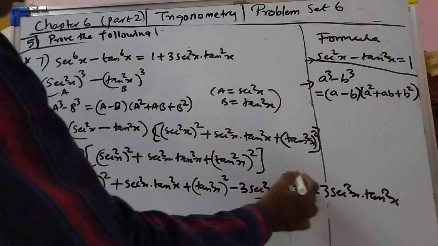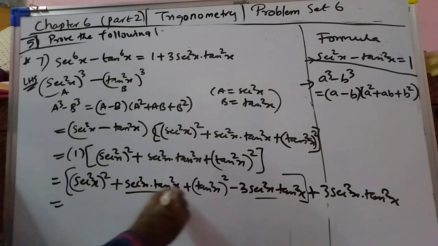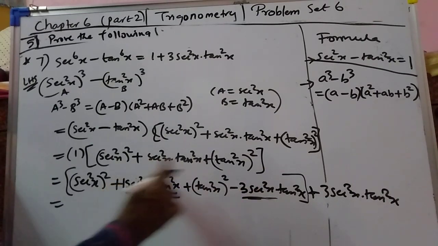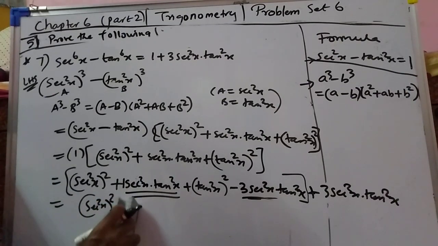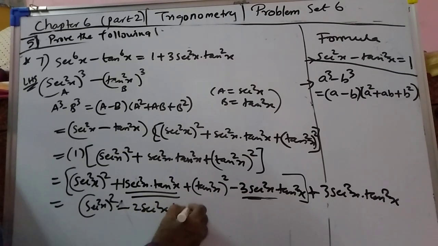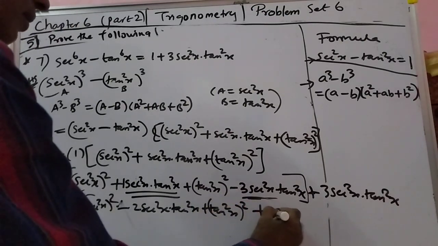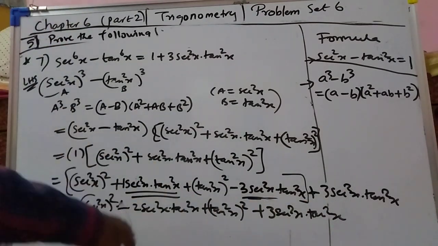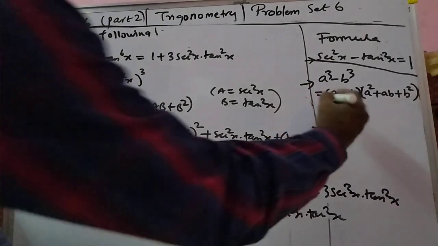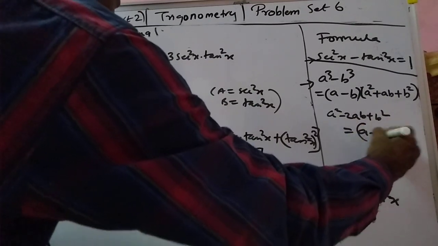So the adding, this plus, we have to balance it. Now we will group this part. So that will become sec square x the whole square, 1 minus 3 minus 2, sec square x tan square x plus tan square x the whole square plus 3 sec square x dot tan square x. Now this is nothing but the formula a square minus 2ab plus b square is equal to a minus b the whole square.